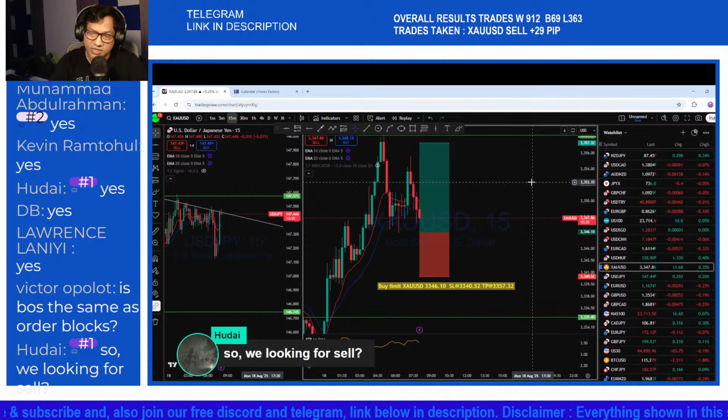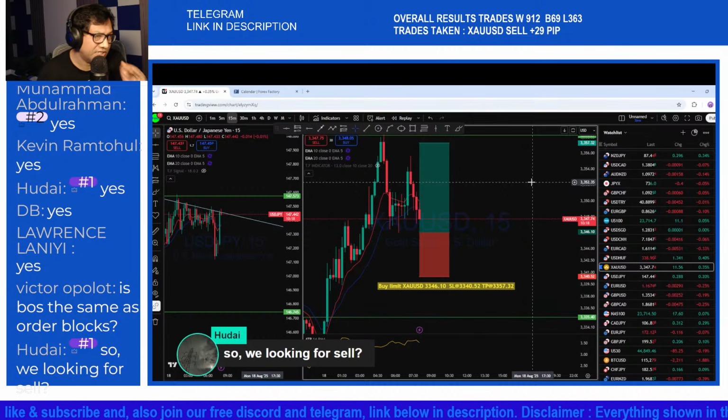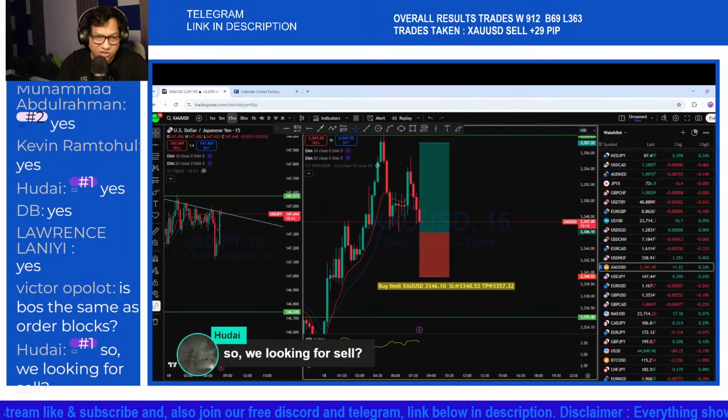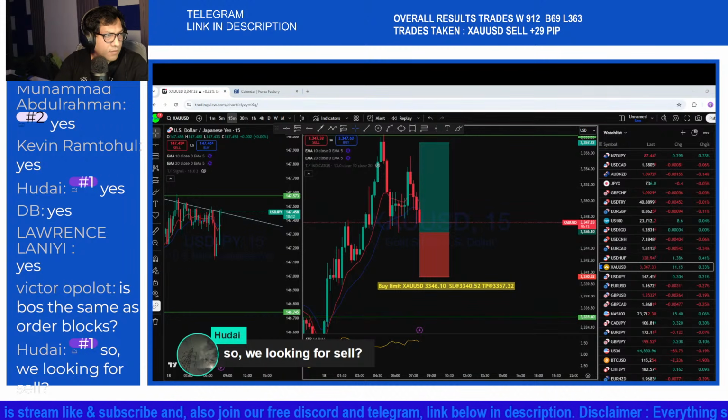Okay, so you see that there is a possibility for a break of this support here, and we have placed that trade here, a pending order.